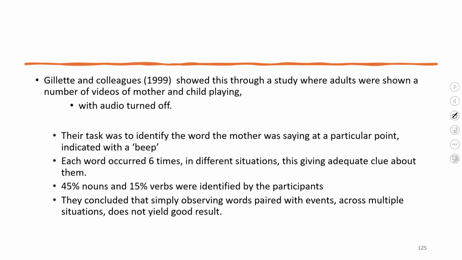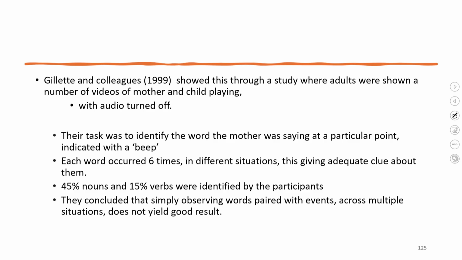Now, each word occurred 6 times in different situations, thus giving adequate clues about them. However, the results showed that only 45% of nouns and 15% of verbs were identified by the participants. This study was carried out on adults.